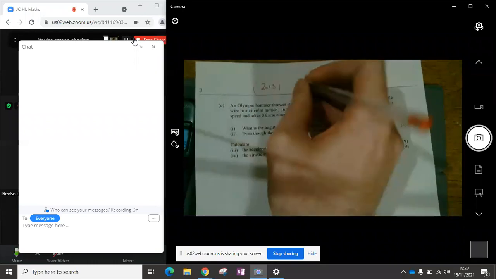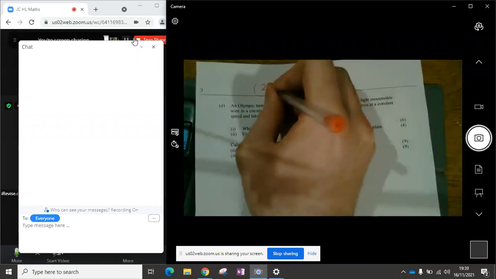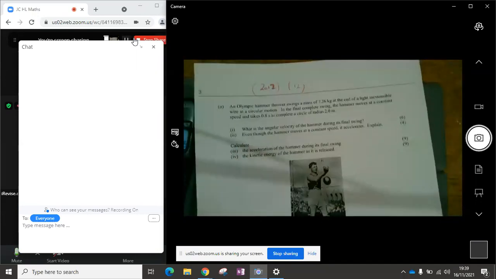Let's say it's part of question 12. 2012, not 13. Okay, part of question 12. So we get set up for this question.